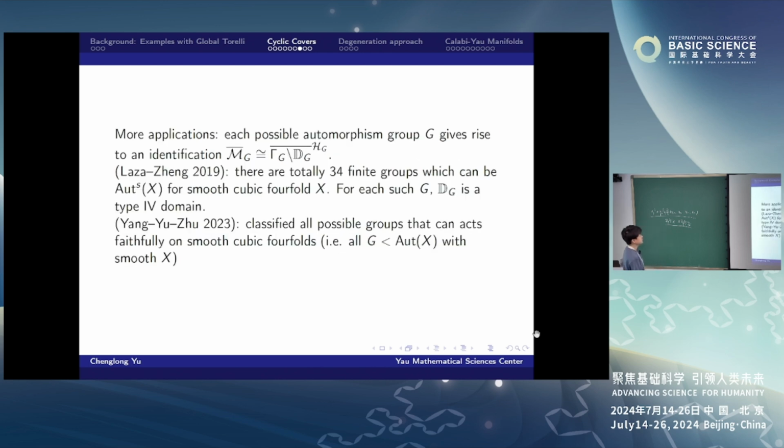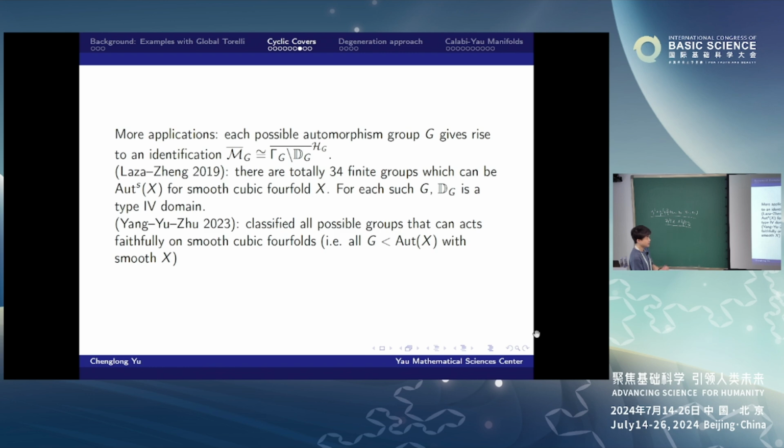So let me say a little bit more about the classification of automorphism groups. So this is mainly the work of my collaborator Zhiwei Zheng. So he and Laza classified, or gave, all these 34 finite groups which can be the symplectic automorphism group of cubic fourfolds.